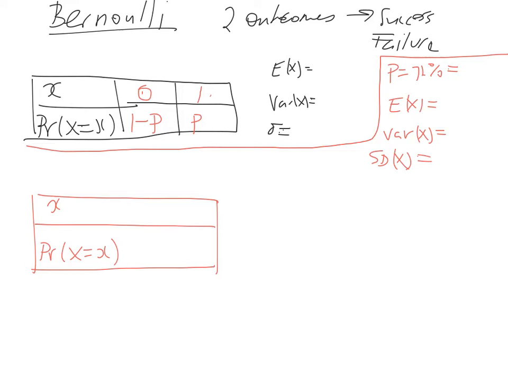Based on that, your expected value, which is mu, also equals P, and your variance is P multiplied by 1 minus P. As a result, your standard deviation is the square root of P(1 minus P).